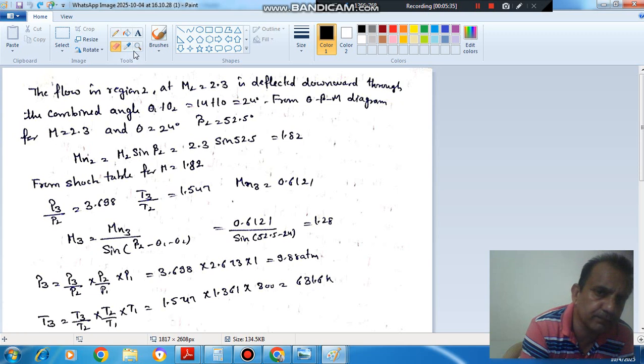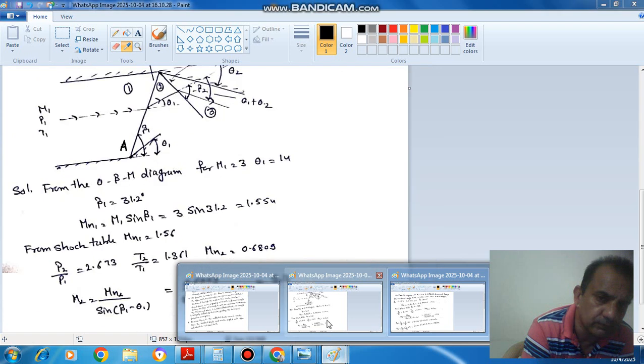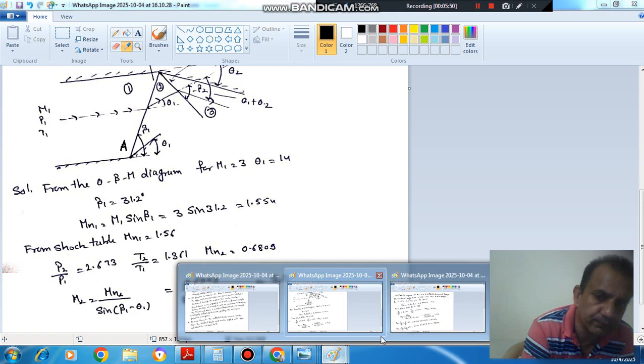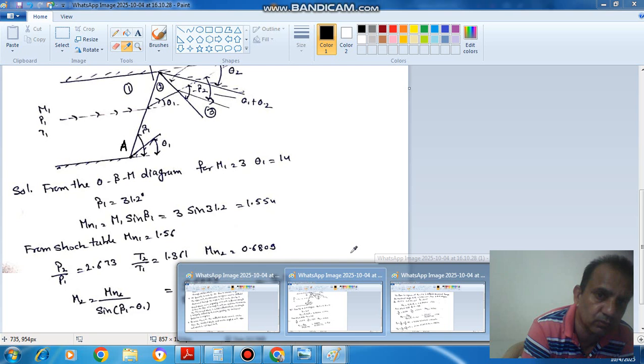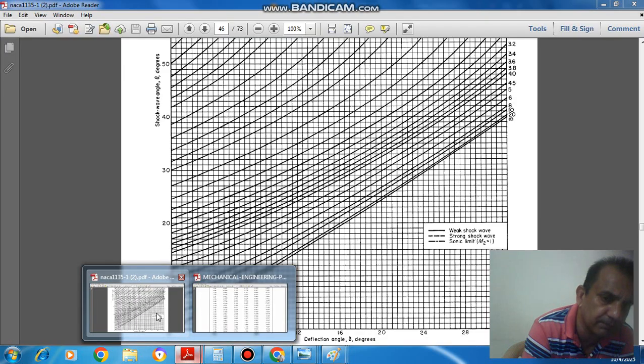Here the Mach number is 2.3, and now in the second, reflected wave, the flow is deflected by an angle theta 1 plus theta 2. That means the deflection angle is 24 degrees, that is 14 plus 10. Now we see, corresponding to M2 equal to 2.3 and theta equal to 24 degrees, from the theta-beta-M diagram.